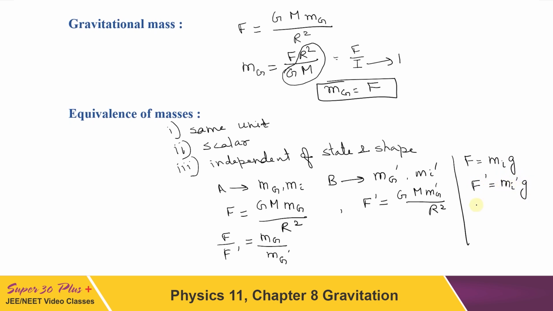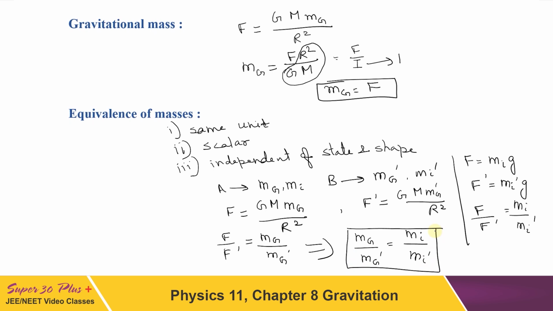So if we take the ratio here, F upon F dash will come out to be mi upon mi dash. From here we can see the equivalence of these ratios of the two masses. So we finally got mg upon mg dash equal to mi upon mi dash, which proves the equivalence of the masses, gravitational mass and inertial mass.